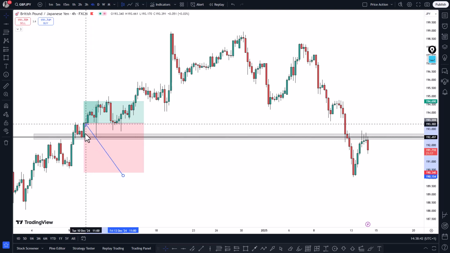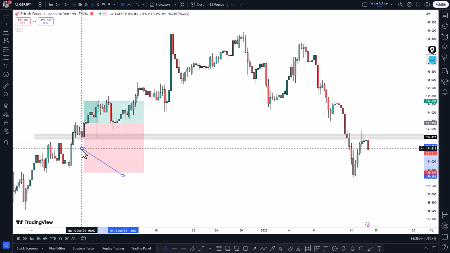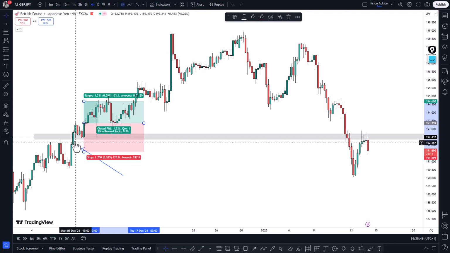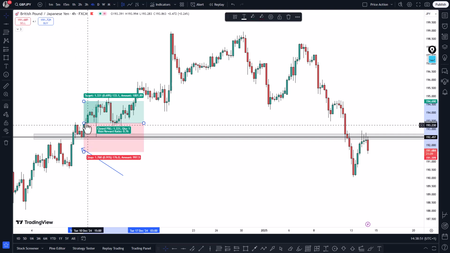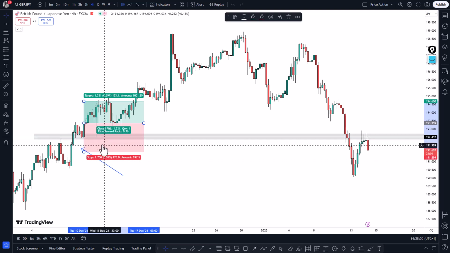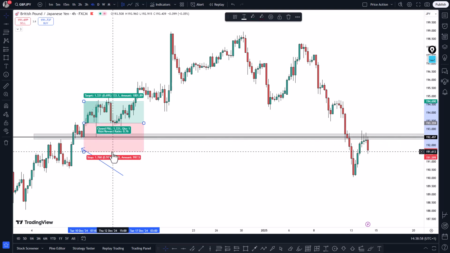You took a long trade here with your stop loss just below the resistance area, which is fair because if for whatever reason after price got rejected here it moved to the downside, then you don't want to be in that trade because that support area is not holding up. The reason you took the trade in the first place is because you're assuming that, as technical analysis says, the past tends to repeat itself: since price broke this resistance area and is getting rejected here, it's likely not going to break below it. And so you are taking the trade here and hoping for the best.